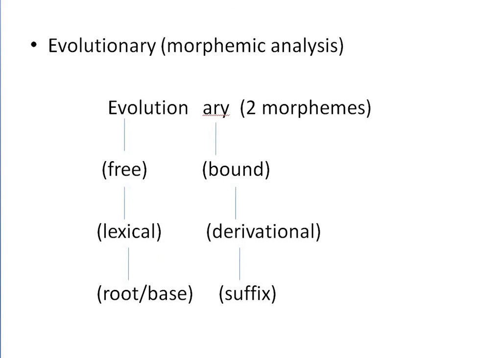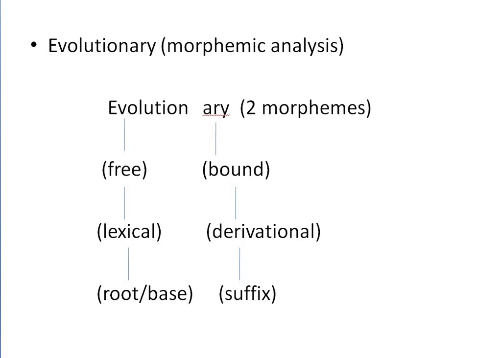Take another example, evolutionary. In morphemic analysis we are going to analyze the word in terms of morphemes. So division of the word: evolution and ary, combining to make evolutionary. Evolution is a free and ary is a bound morpheme. So which type of free morpheme? Evolution carries the basic meaning, it is conveying a message, so it's a lexical.